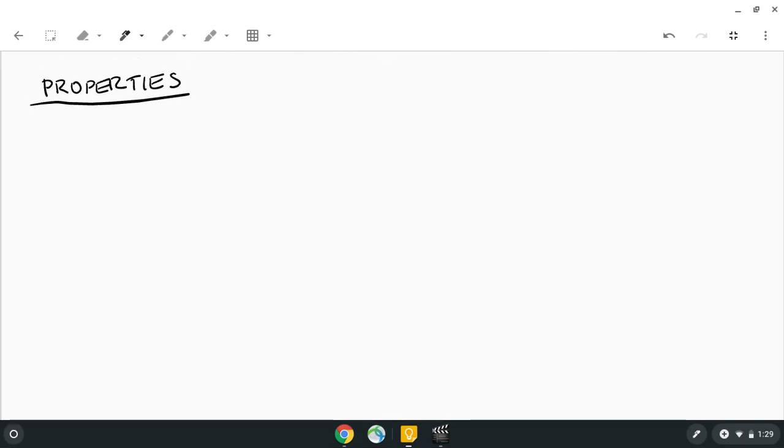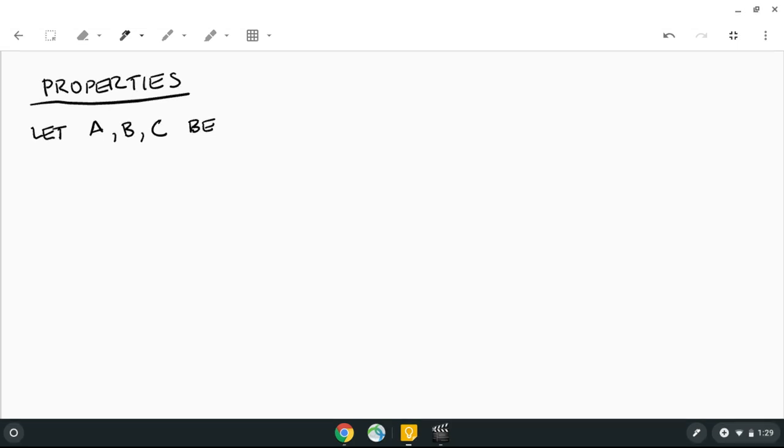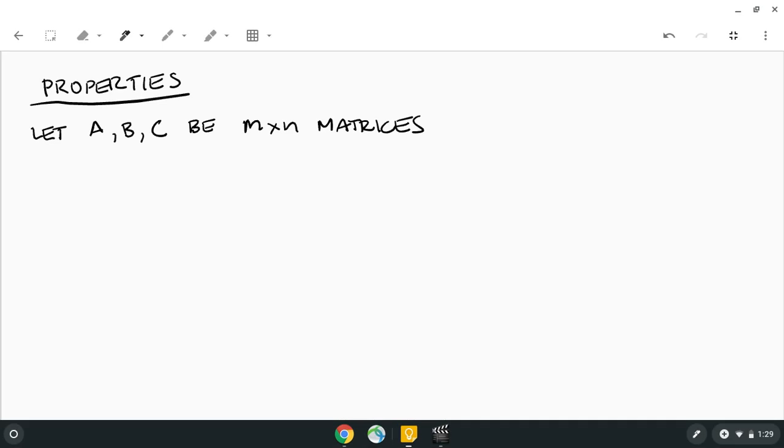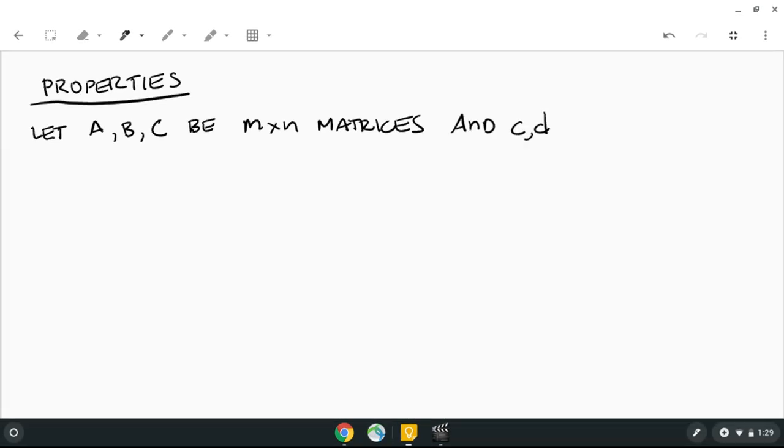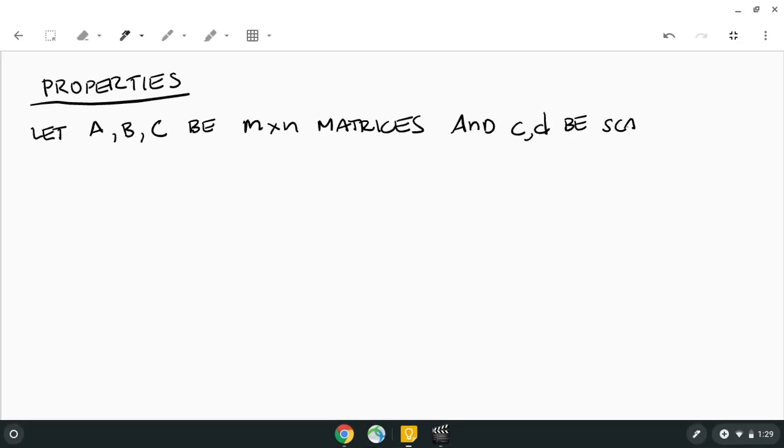Let A, B, and C be n by n matrices, and the lowercase c and d be scalars, real numbers. Then we have the following properties.